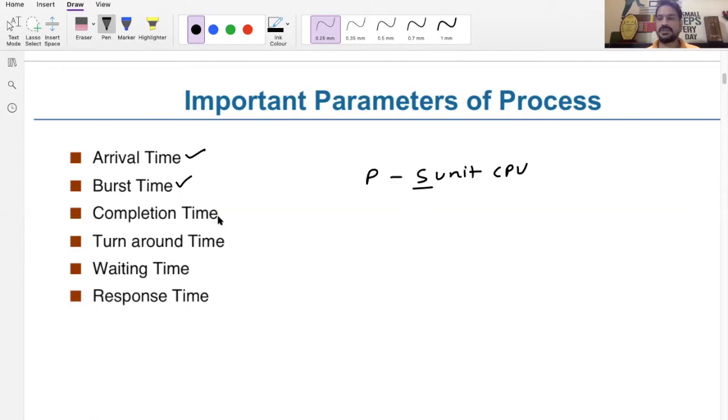The next time is called completion time. We know the different states, right? We have the new state. From the new state, a process will go to the ready state.